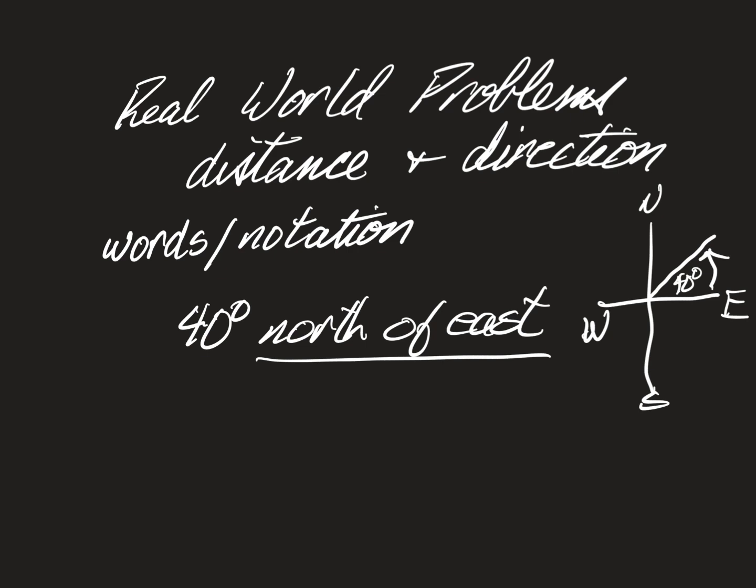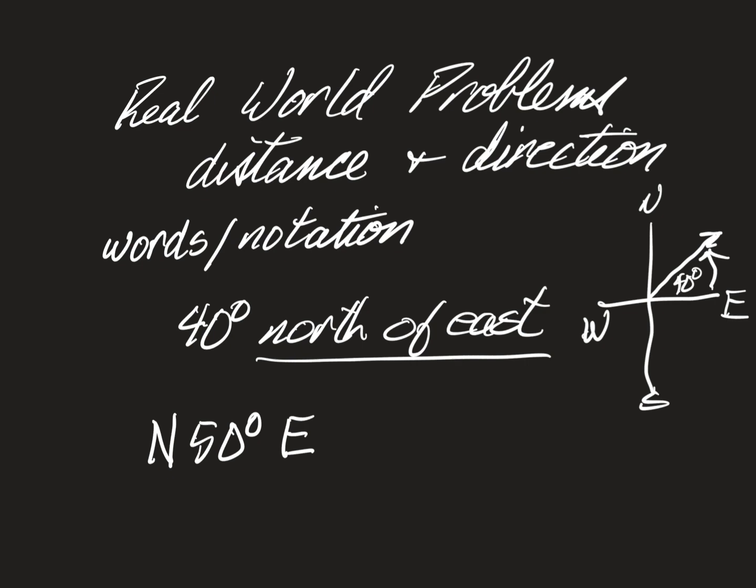So now let me write this same vector in notation. In notation, we would say it's 50 degrees. We would say north 50 degrees in the east direction. All right?